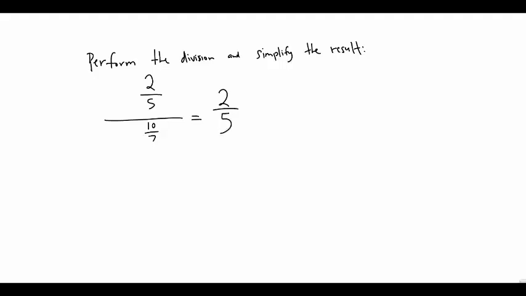This is equivalent to a multiplication problem. It's equivalent to 2/5 times 7/10. I'm doing the reciprocal, right? The reciprocal of the dividing rational number. 10/7 becomes 7/10.